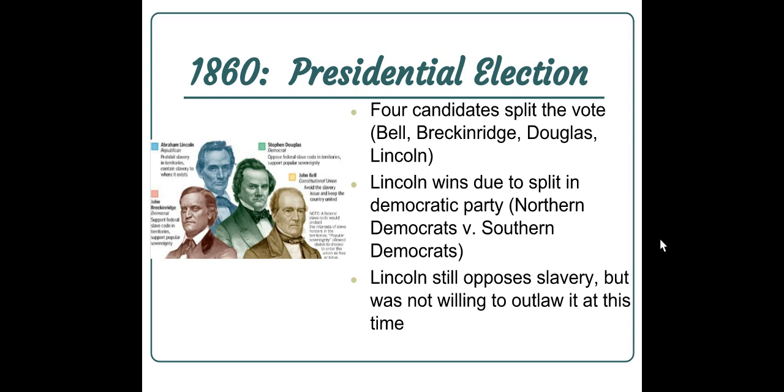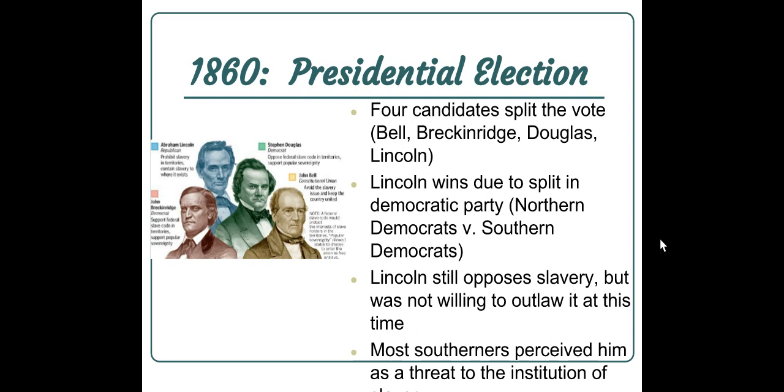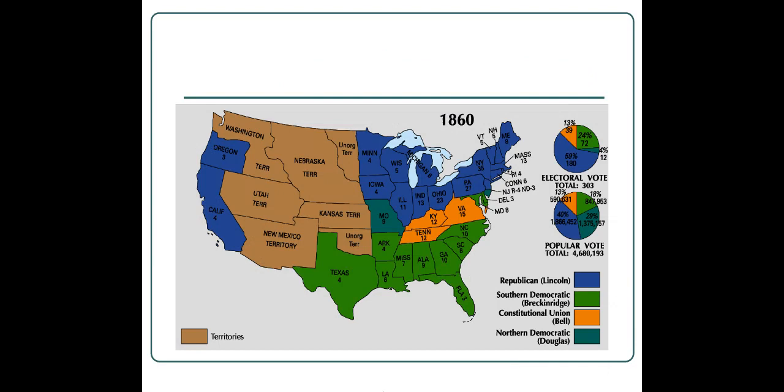So Lincoln actually still does oppose slavery, but he is not willing to outlaw it at this time. He doesn't think it's time. He wants to preserve the Union, but most Southerners are still going to perceive him as a threat to the institution of slavery.